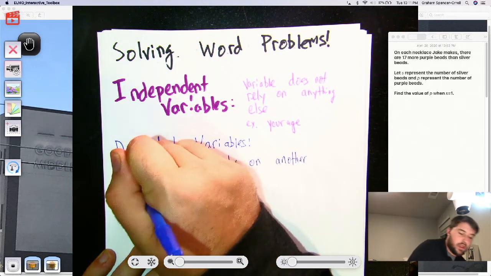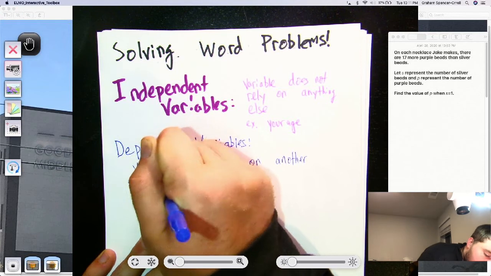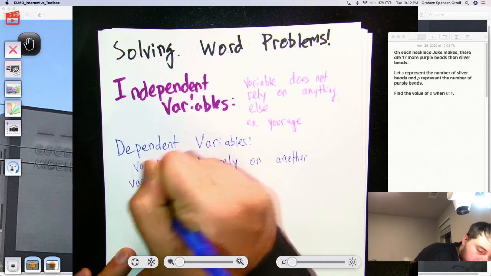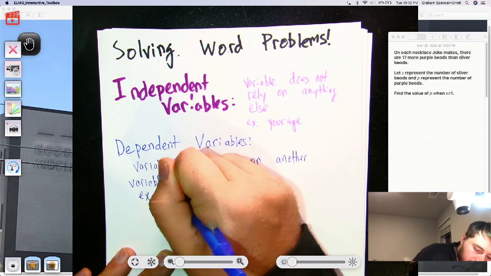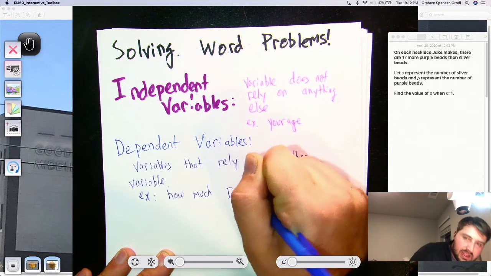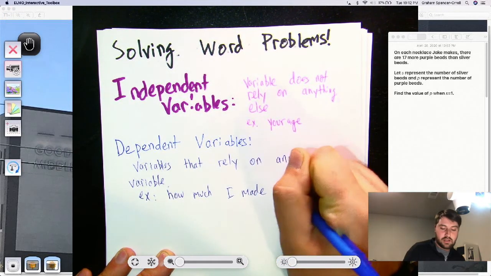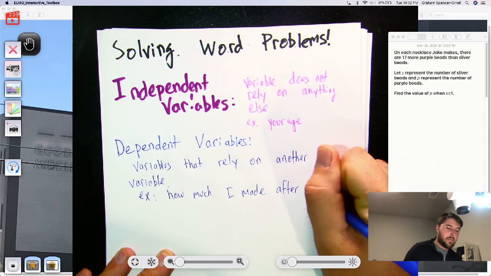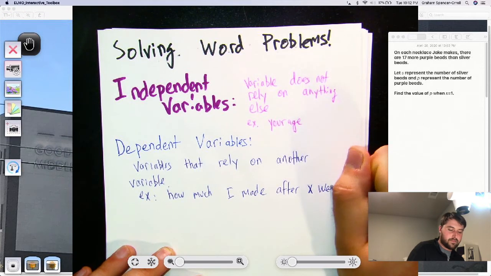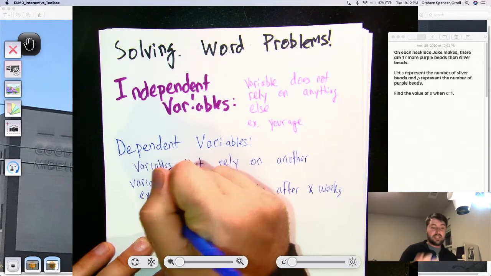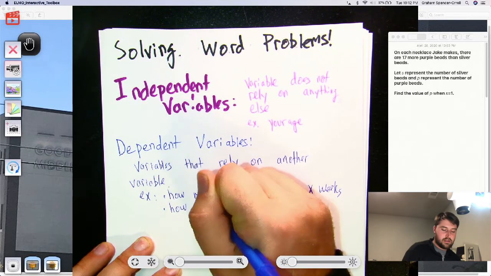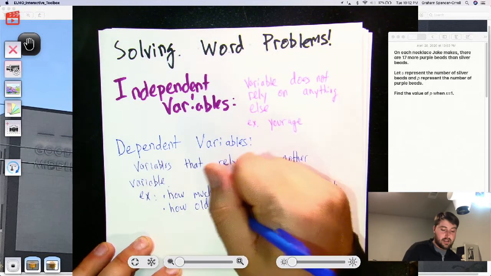Examples of this are how much I made after so many weeks, and I'm going to use X because we don't know how many weeks. How old I am compared with my sister. Compared to my sister's age.